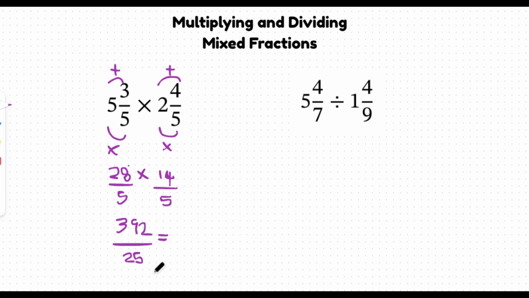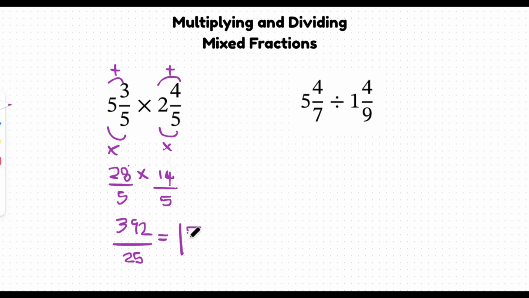Then we ask ourselves, how many times does 25 go into 392? If we're looking at the fact that there are 4 25s in 100, so in 200 there are 8, in 300 there are 12, then we also have 75 there. So that will be 12, 13, 14, 15.